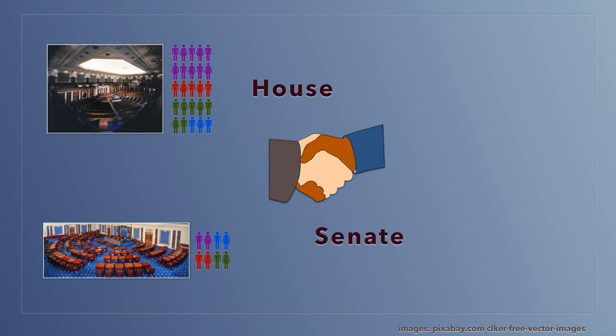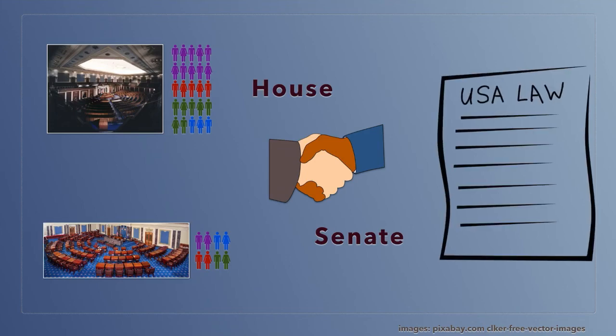They both need to agree and come to the same decision, the House and the Senate. And when they do that, they can write things like laws for the American government. Both the House and the Senate need to agree on what the law should be.